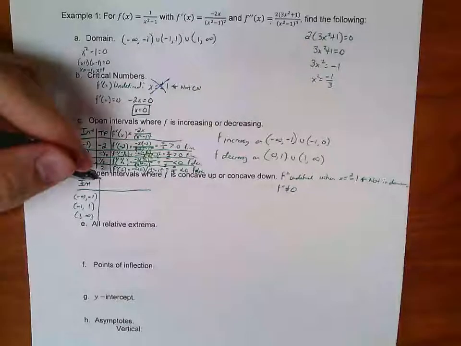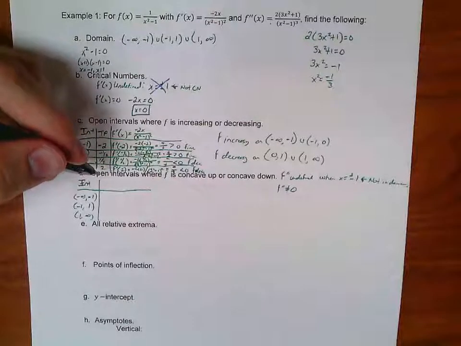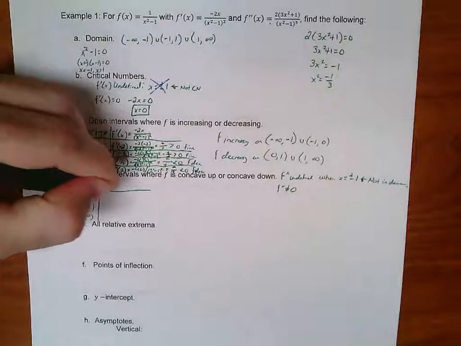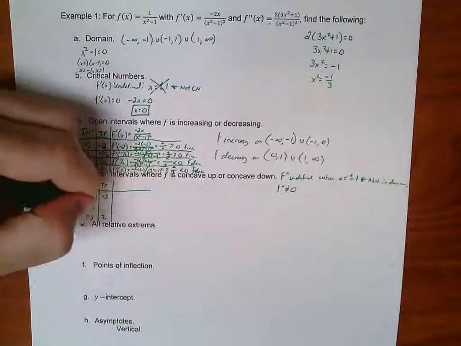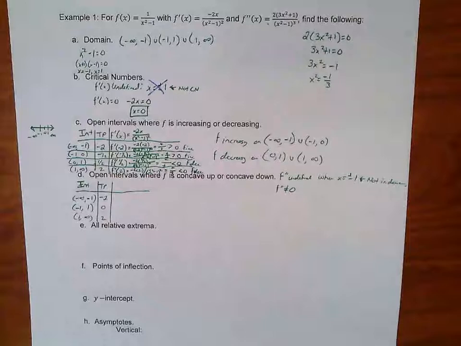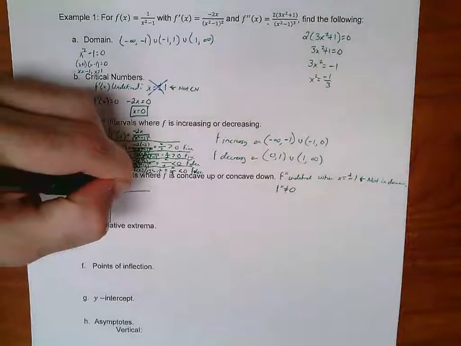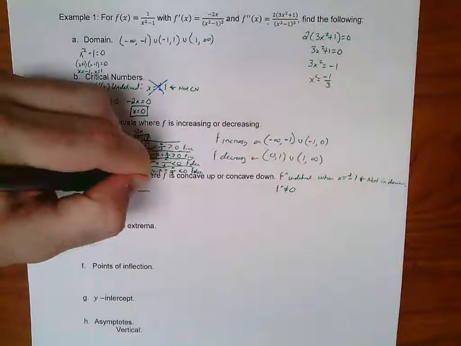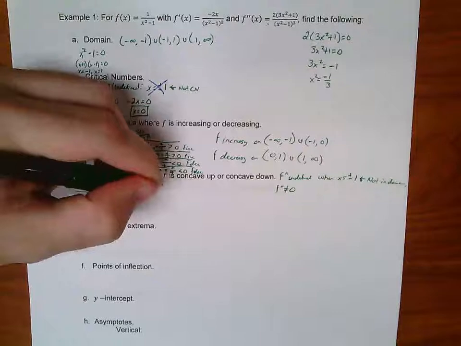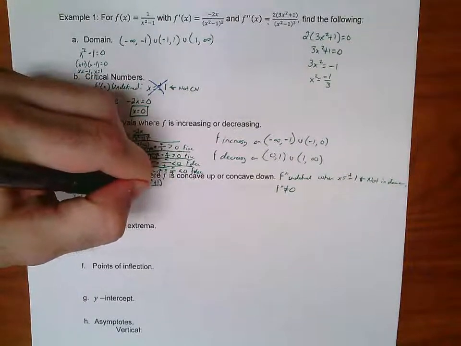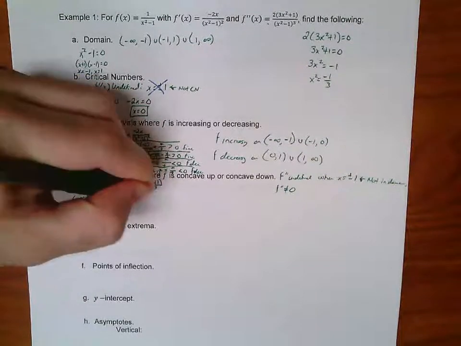I'm going to choose the same 2 of the 3 numbers. So my test points in this one, I'm going to still pick negative 2 and positive 2, but then on negative 1 to 1, I'm going to pick 0 because it's an easy number and we can pick it this time. So then f double prime of x is 2 times 3x squared plus 1 over x squared minus 1 to the 3rd power.